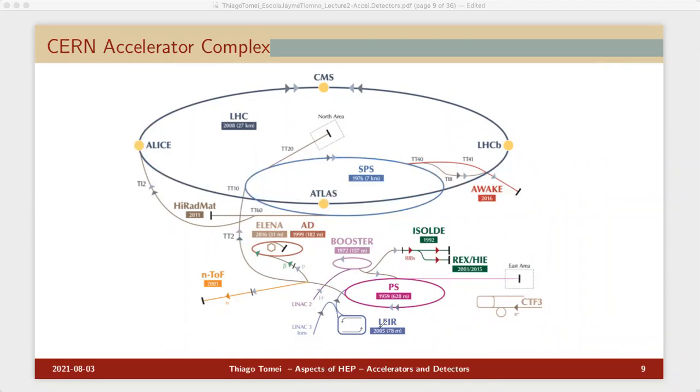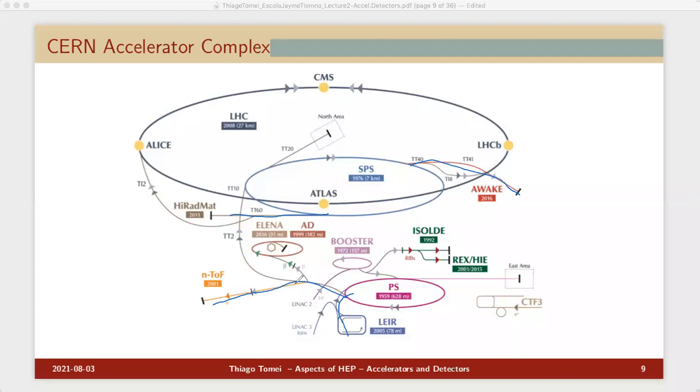You may notice that just like in any laboratory of the sort, there are also a lot of beam lines that are separate experiments in their own right. And these accelerators, the proton synchrotron and super proton synchrotron, give different beams at different energies to these experiments as well.